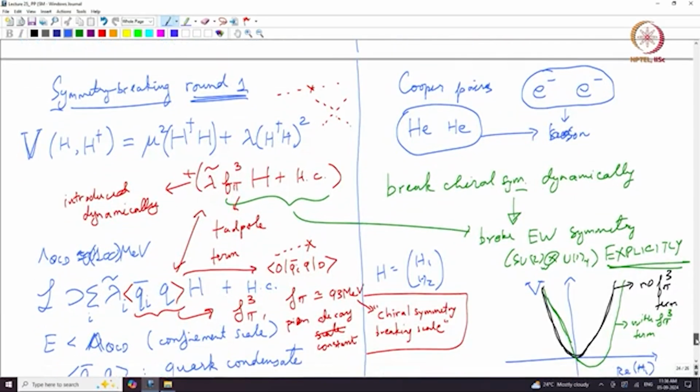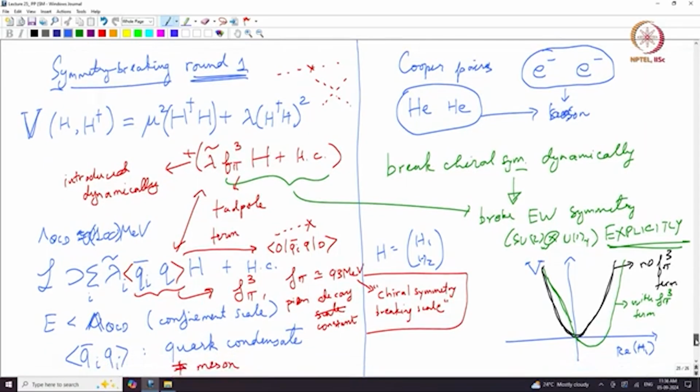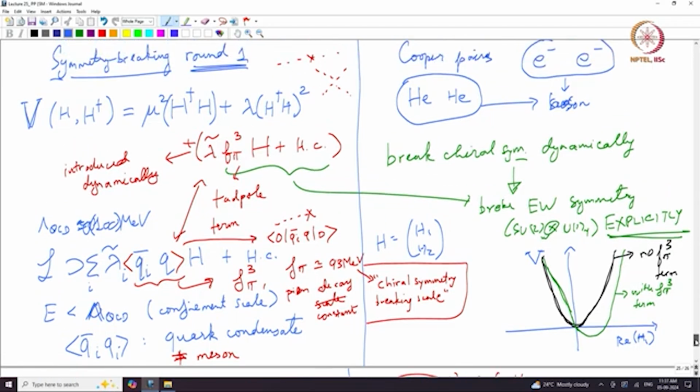The quark condensate is more like a Cooper pair in superfluidity or superconductivity, and this degree of freedom now becomes a constant, which goes as 3 powers of what is known as the pion decay constant, around 93 MeV. This is what happens on the way to confinement.